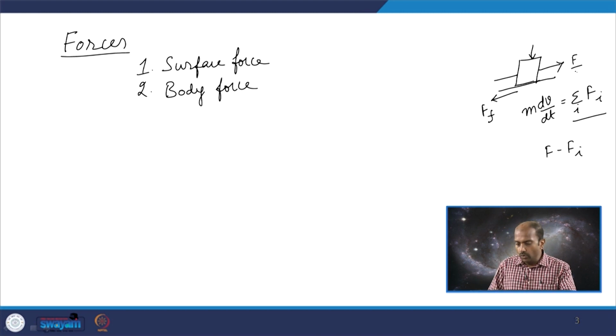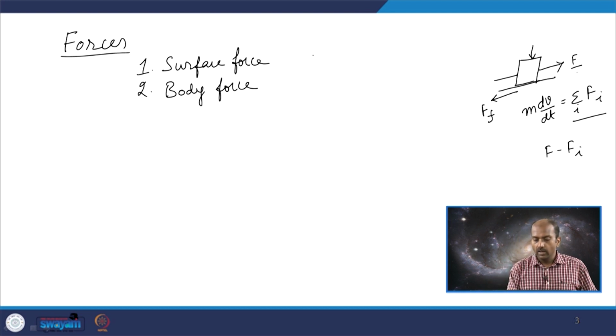So what we are going to do at the end of this class is figure out how many different types of forces exist in the Earth's atmospheric system, and what is the role of each of these forces in governing the atmospheric movement from one point to another point. We know very well, before the surface force or body force, we have another type of characterization.